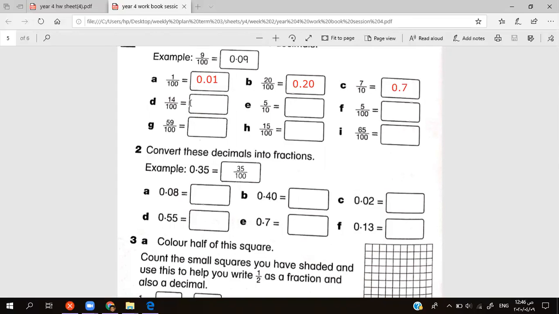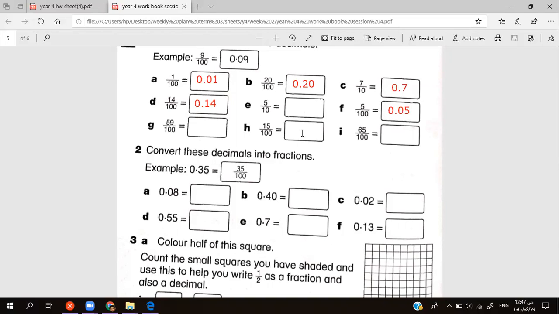What about here? My decimal will move two places, so it's going to be 0.14. I'll leave E for you to do, and I'll do F. Here my decimal will move 2 places, so it's going to be 0.05.